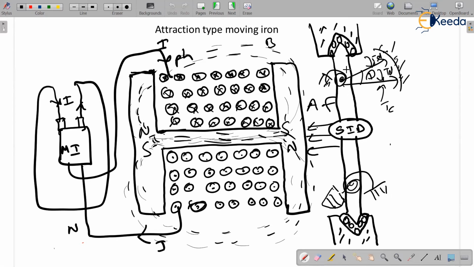Next, this is our spindle, the pivot and jewel bearings. Next, the attraction force. It is using spring control. Okay, now let's have a description of it.